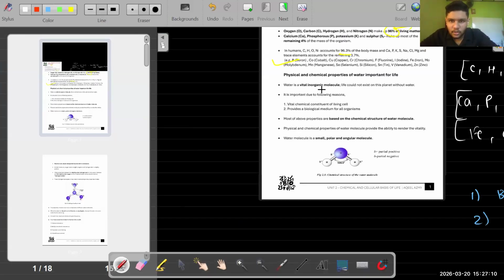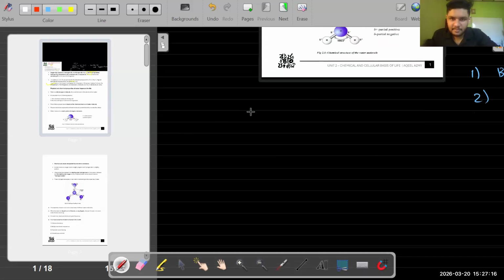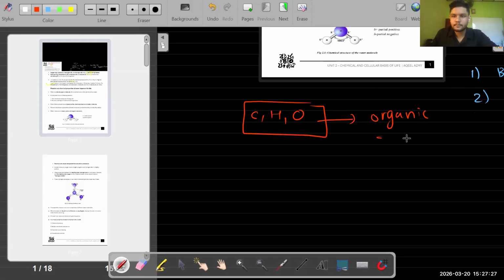Water is a vital inorganic molecule. Last week I said what is meant by an inorganic molecule. Simply understand it like this: any molecule that contains carbon and hydrogen is considered to be organic. Some people misunderstand this with carbon.